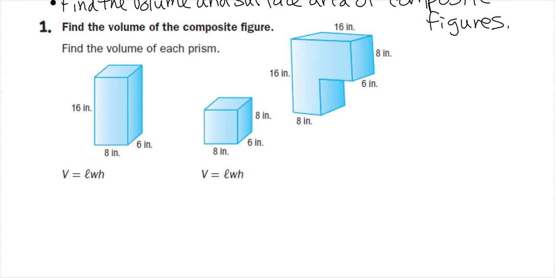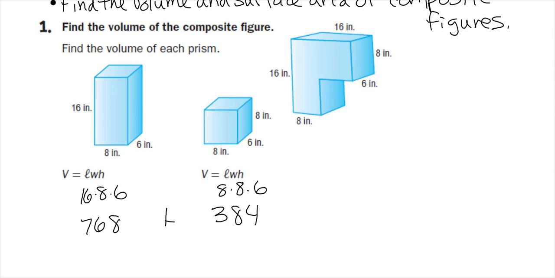Okay, so we'll do 16 times 8 times 6. It doesn't technically matter which order we go in. So the first area is 768. We're going to add that to this one over here. So we're going to do 8 times 8 times 6, and that's 384.